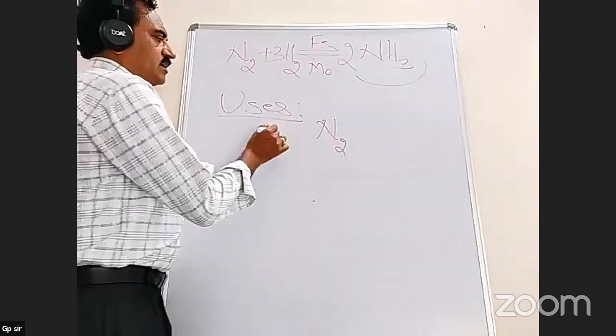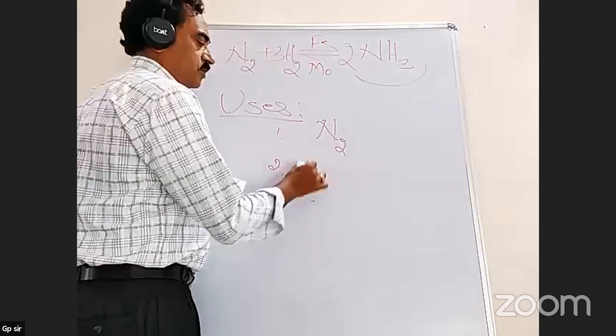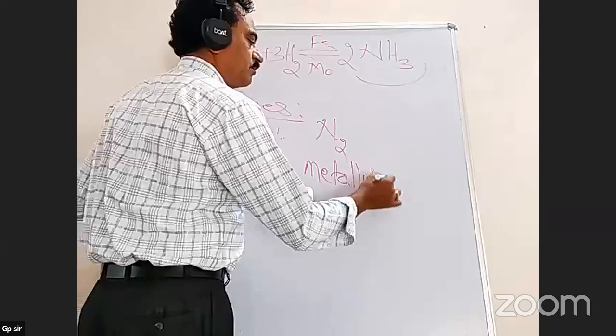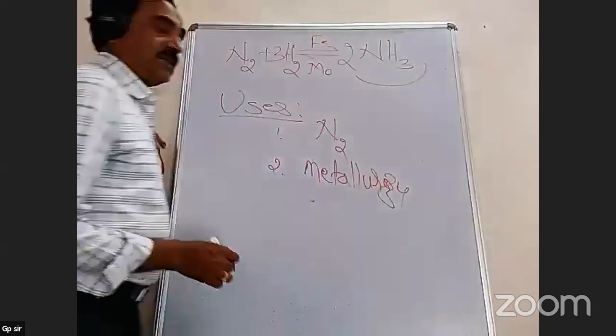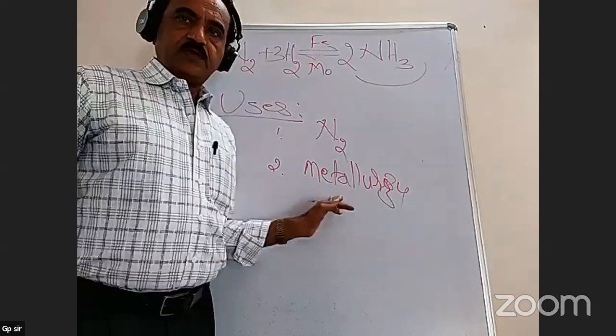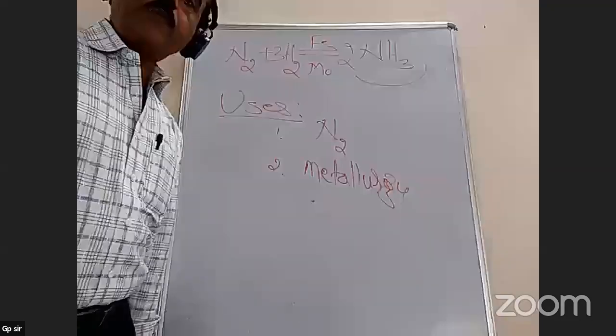And next, it is used in metallurgical processes to provide an inert atmosphere for extraction of metals. Some metals which are reactive, when extracted in open air, what happens?